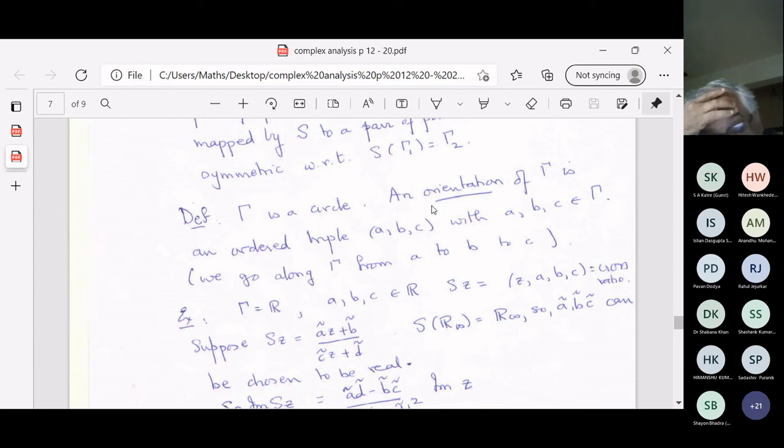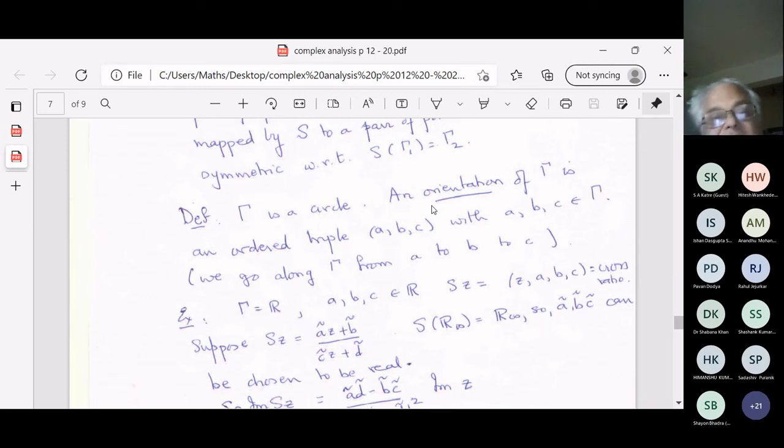Whereas if I have three points, say 1, i, and -1 on the unit circle, they determine an orientation, because I can go from 1 to i to -1. That gives you the direction, the orientation.